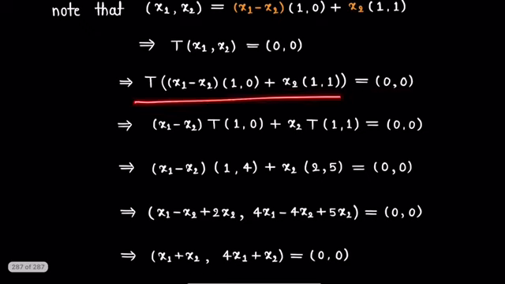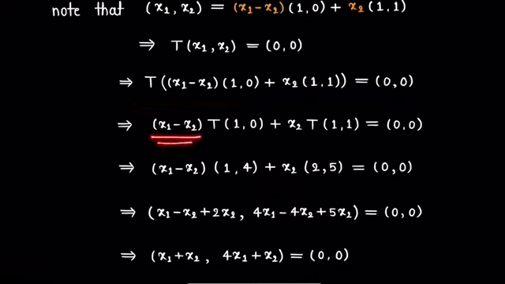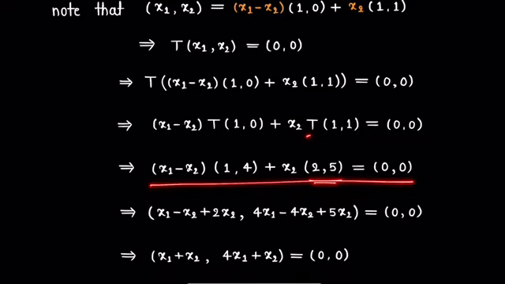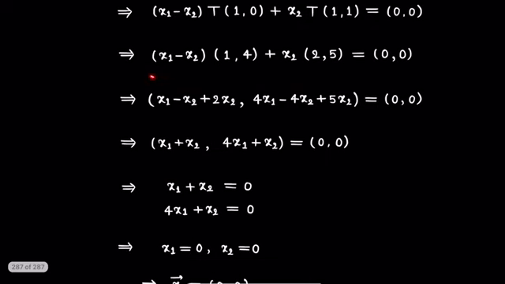Again using linearity of T, this can be written as (x1 minus x2) times T of (1, 0) plus x2 times T of (1, 1) equals the 0 vector of R2. We know the image of (1, 0) is (1, 4) and the image of (1, 1) under T is (2, 5). So we get this expression, and after simplification it gives (x1 plus x2, 4x1 plus x2) equal to the 0 vector.